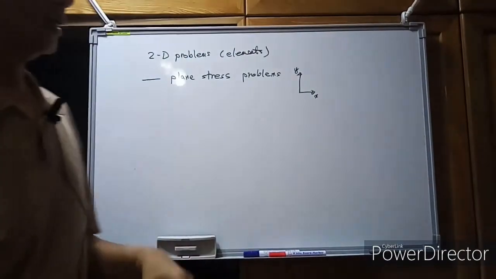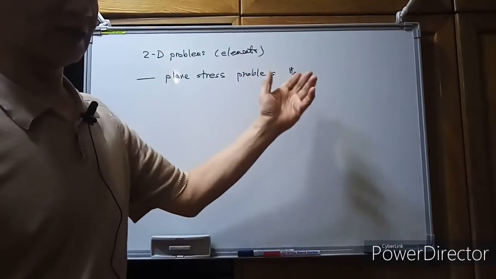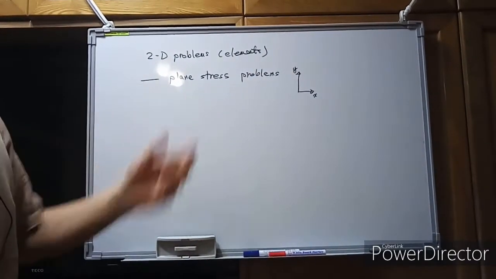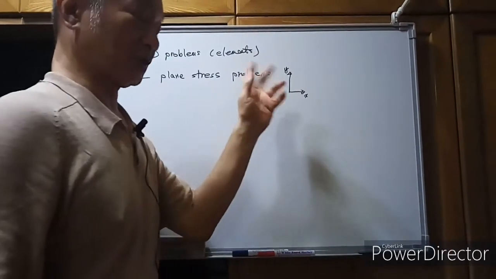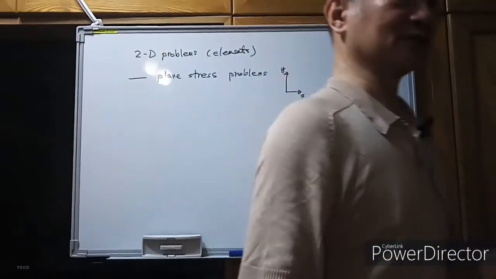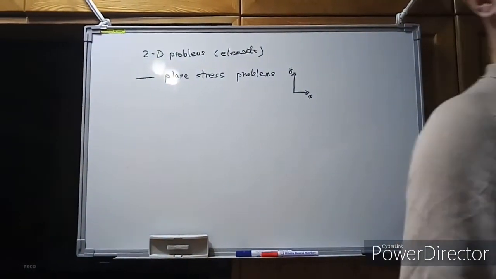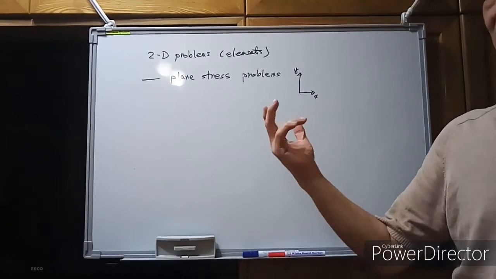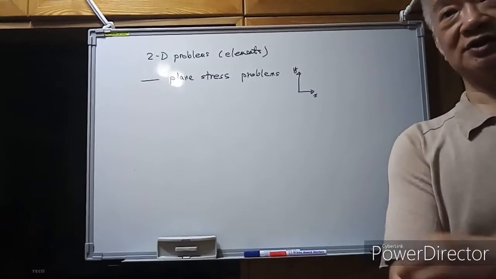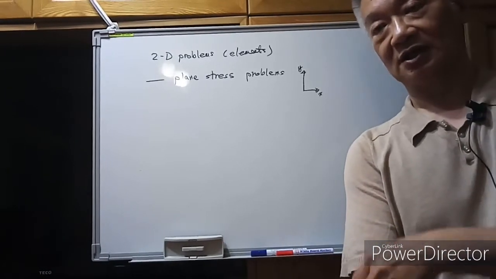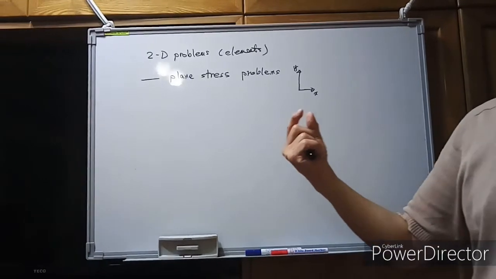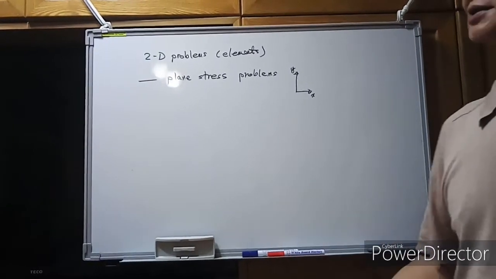We will use the XY coordinates to describe the geometry of the structure, and to describe the displacement functions, the u and the v functions. There are always two components, either for the location coordinates or the displacement of a point.